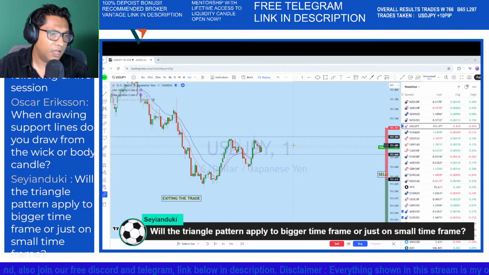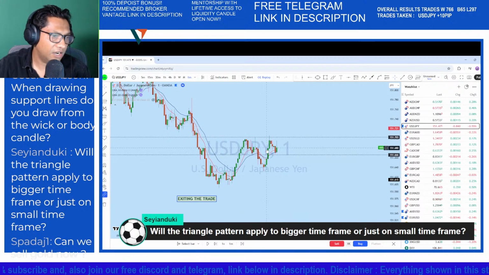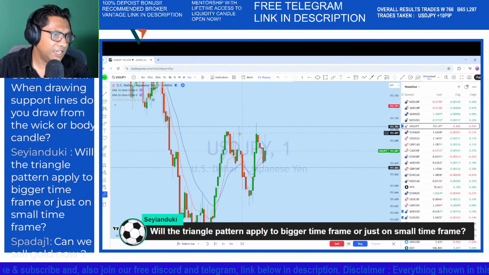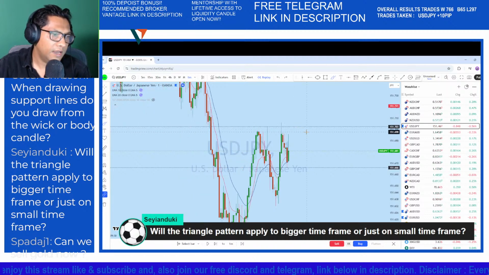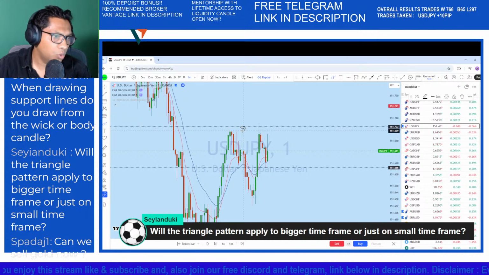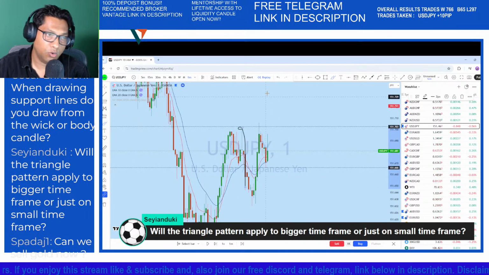So imagine that here, this is a market on dollar yen from the 1 minute chart. Now you can see here, this 1 minute candle, this doji, is a break of structure here and forms a long wick candle. So now this is a very good bullish setup. This is a very good bullish setup.